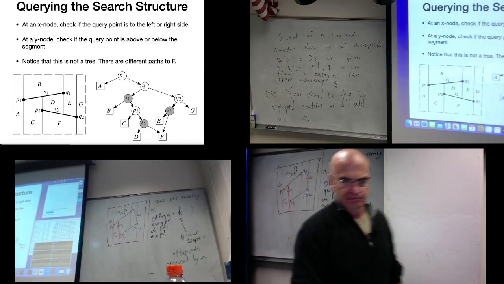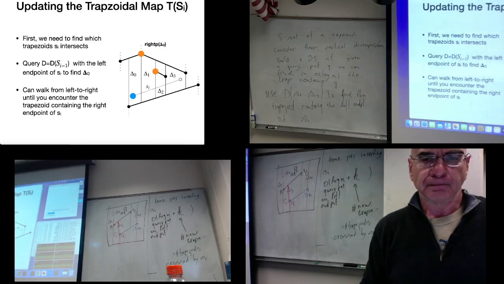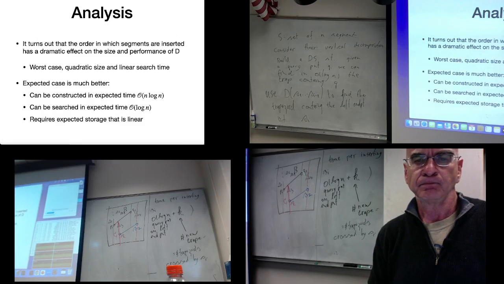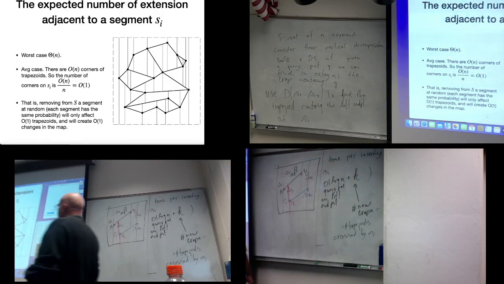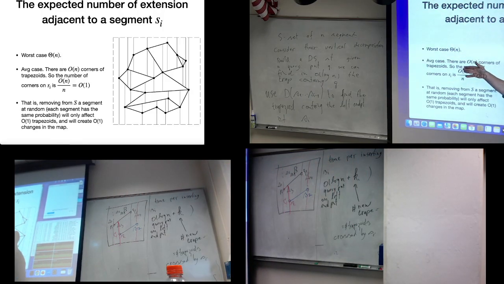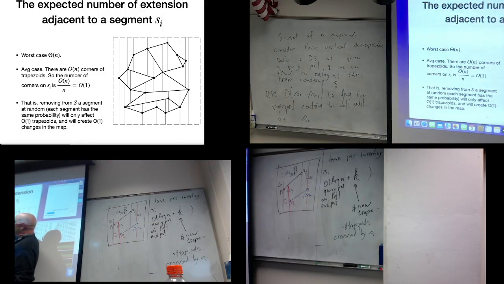So if I only have n segments and only have n walls, then the number of walls, vertical walls, that touch any one of the segments could be n in the worst case, but on average it's constant. What do I mean by average?